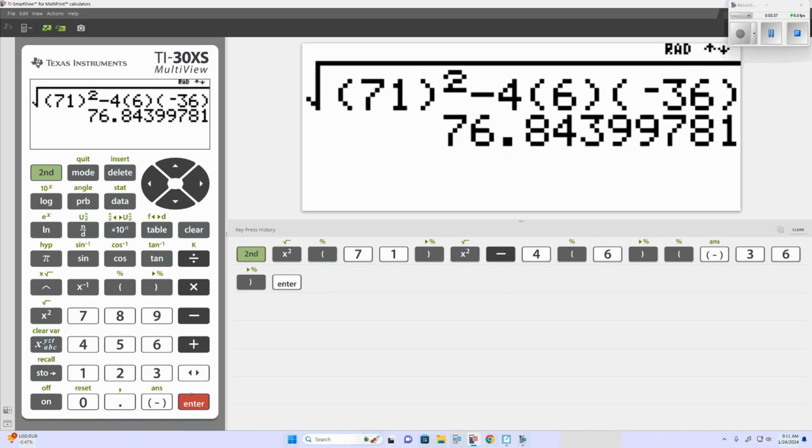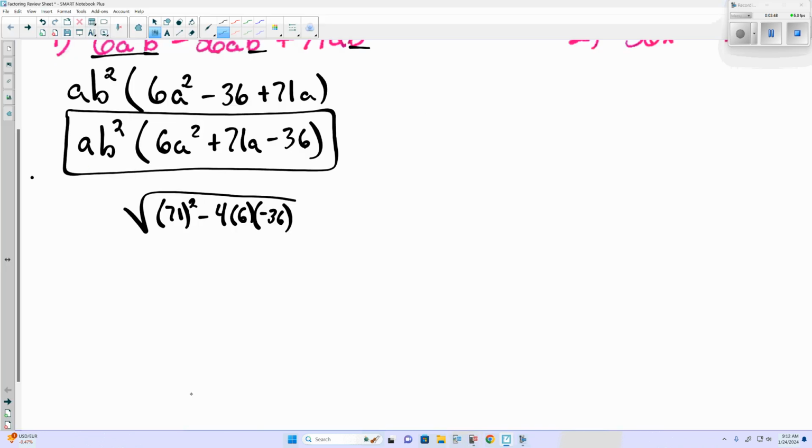And because we got a decimal, it tells us it's not factorable. The only way it would be factorable is if we had just gotten 76 with no decimal. It's kind of a way to check and make sure it is factorable. So this is just the square root of b squared minus 4ac.